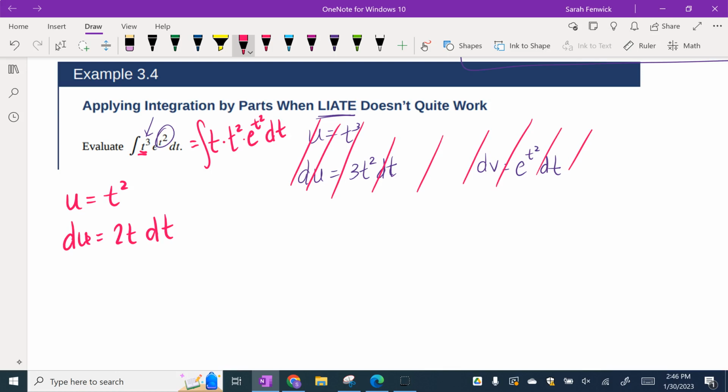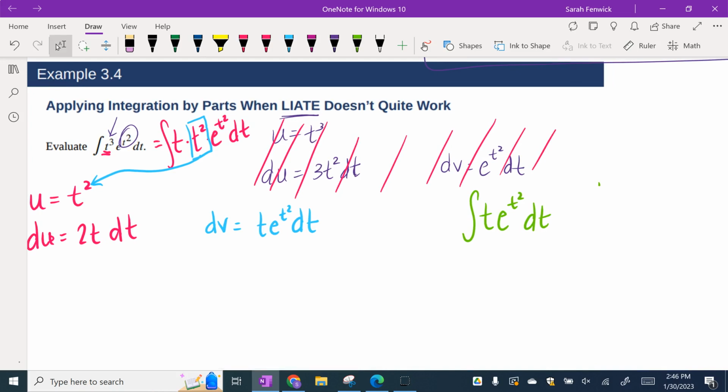All right, so this t squared is my u. My dv is t e to the t squared dt, because if I wanted to integrate that, and I said I'm not going to use u and I'm not going to use v because they're already over there.